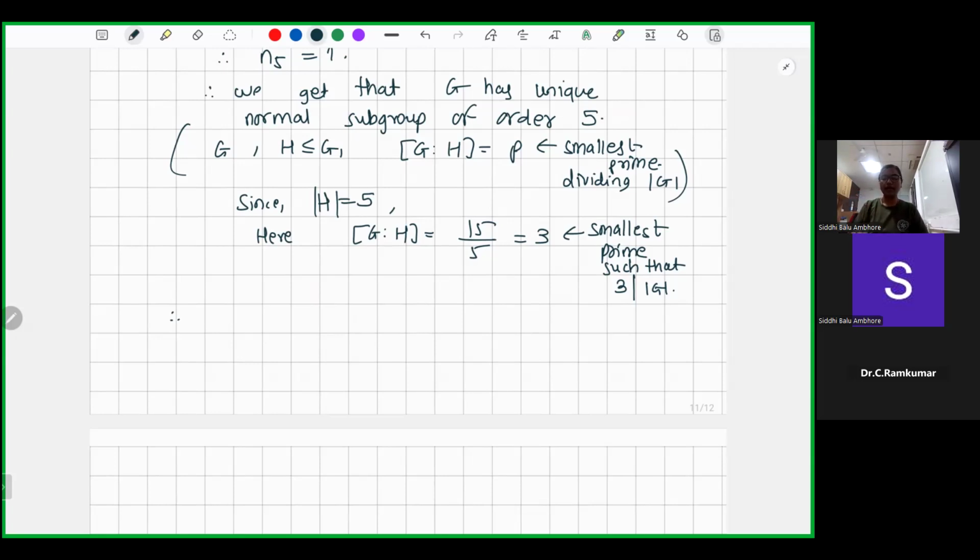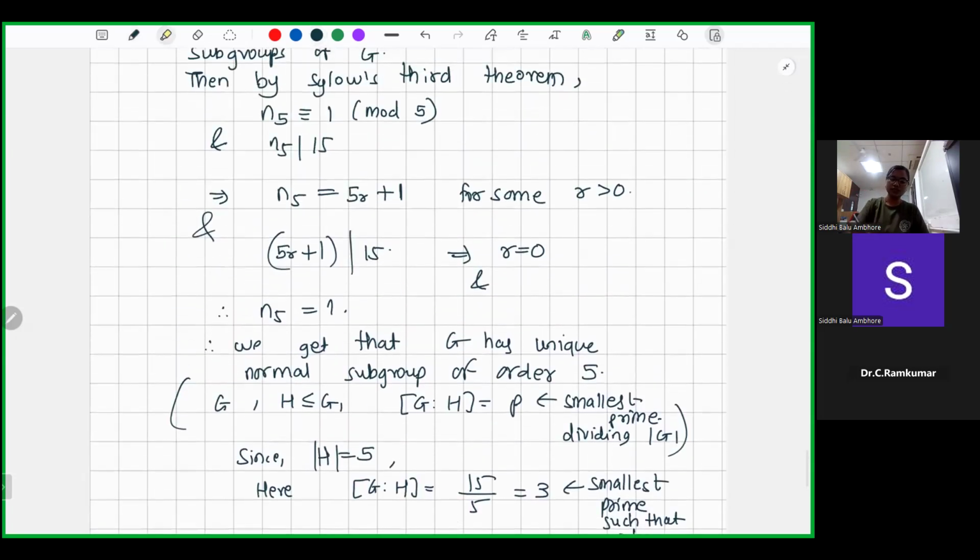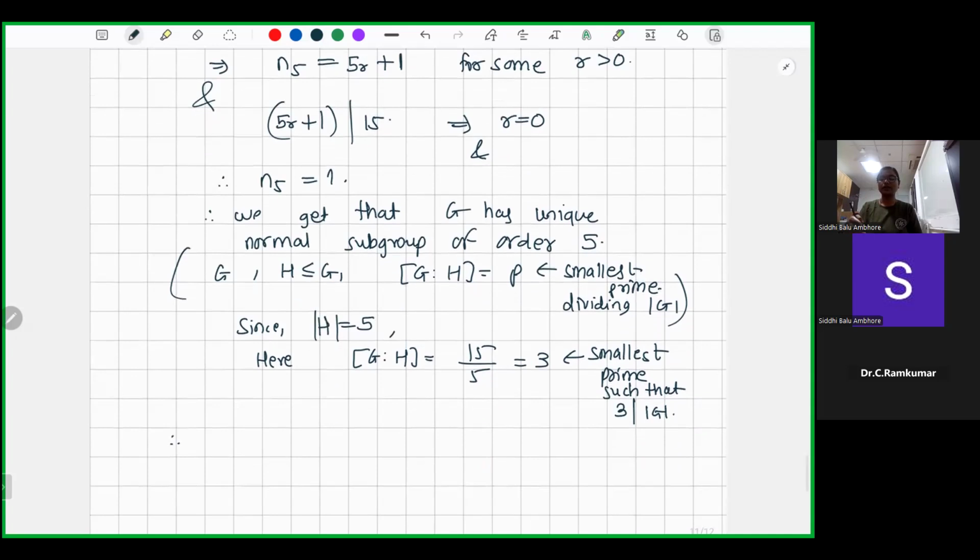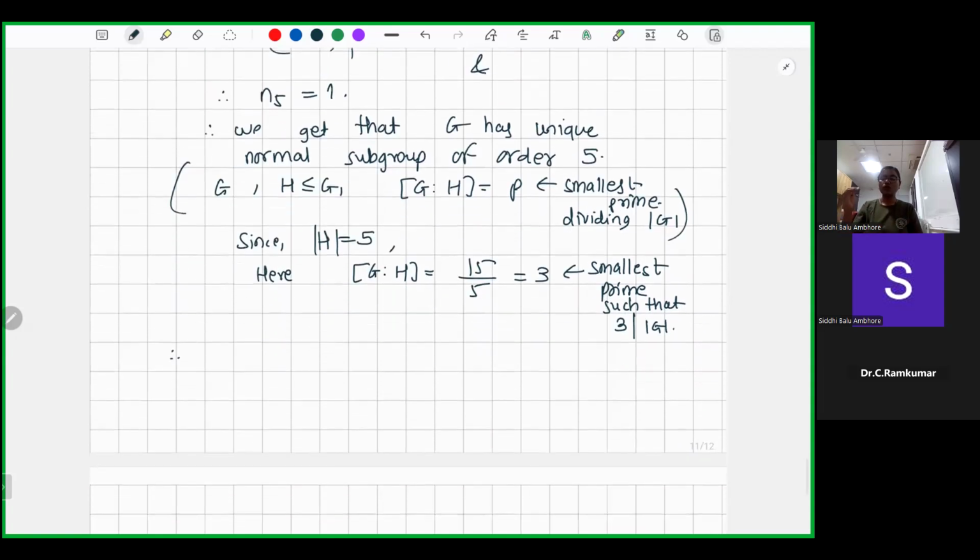Using Sylow's third theorem, we got that there is a unique subgroup of order 5 possible in G. And next we got that this group is normal using the theorem we used earlier as well. So there is only one subgroup of order 5 in G, and it is normal in G.